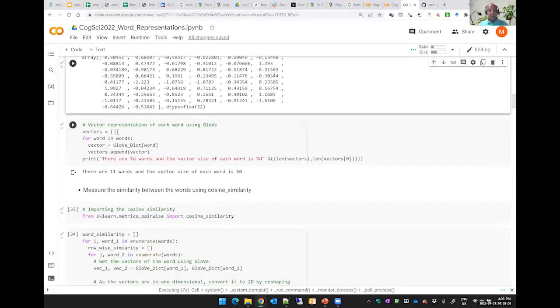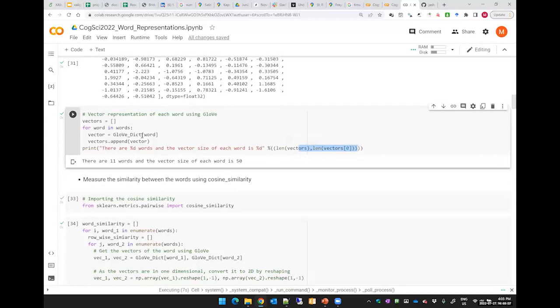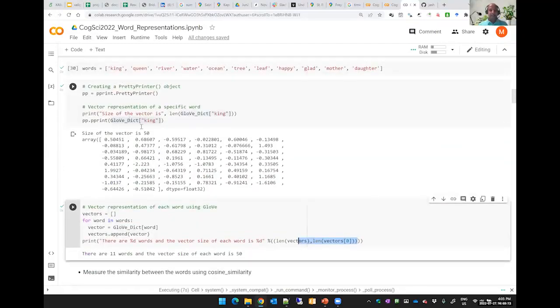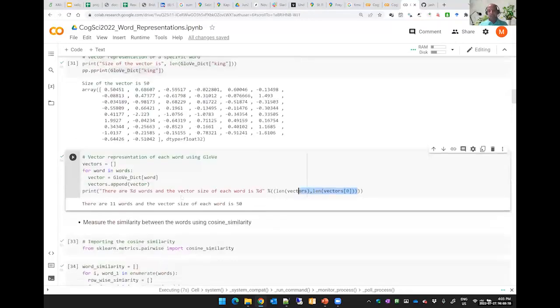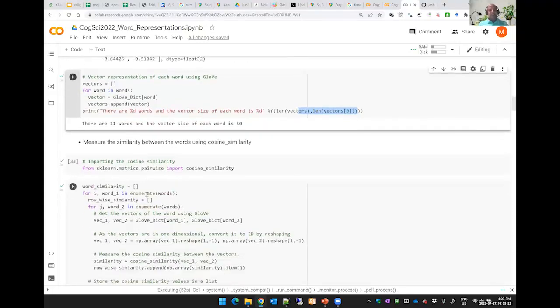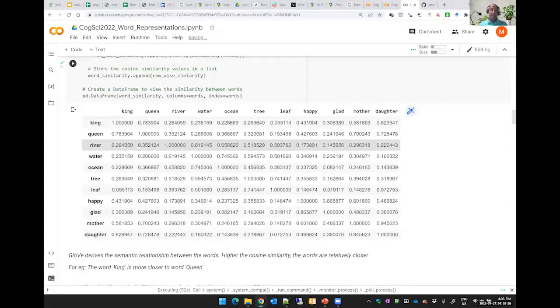Again, we can print the sizes just to confirm that, yes, it is 50-dimensional embeddings. I'm printing here that I have taken those 11 words and created a small dictionary of 50-dimensional vectors for each of them so that I can experiment with them, visualize them, and so on. Now, this piece of code computes cosine similarities, just to understand that these representations make sense.